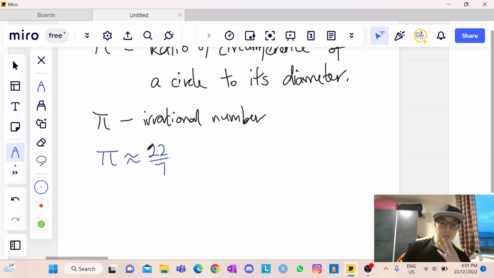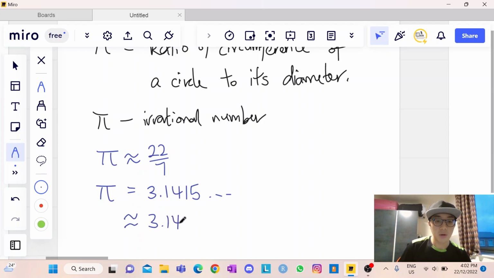It's not ended yet, someone says it keeps going on in the decimal places. So depending on the question, you might be asked to approximate pi as 22/7, or you can express it as 3.1415 something, which in turn is 3.142.